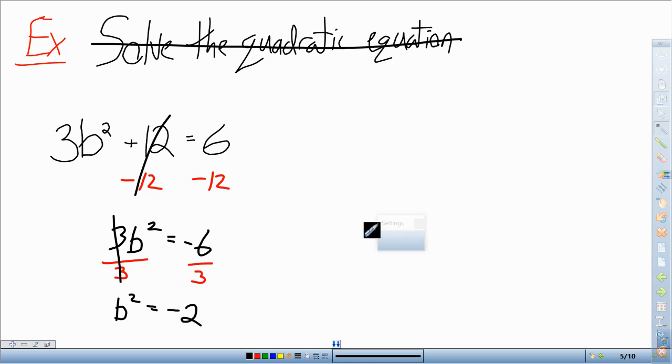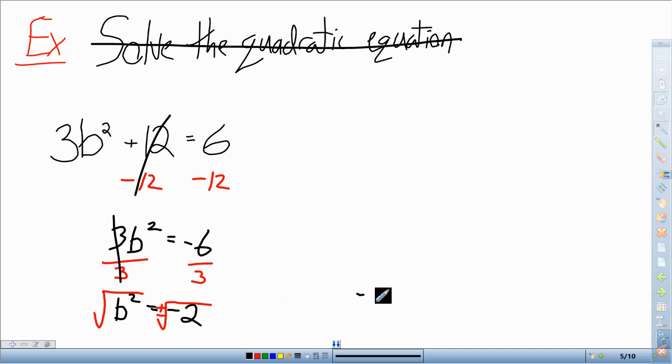Last thing, undoing squaring by square rooting, taking the square root of both sides. Here is where we run into an issue. If you guys remember, we cannot take the square root of negative numbers. That doesn't exist, because think about it this way: any number times itself will always give you a positive.